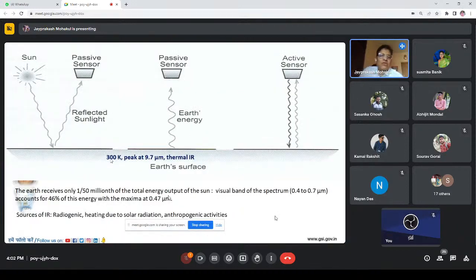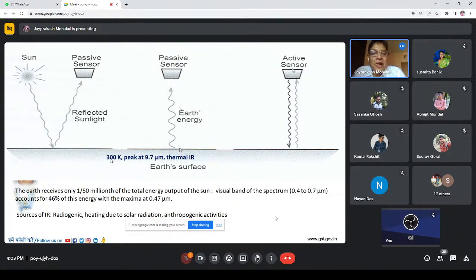Now we'll be discussing passive remote sensing. You have the sun as a passive source of energy, then energy comes to the surface of the earth and gets reflected. This is a passive sensor. The passive sensor can also receive energy emitted by the earth.